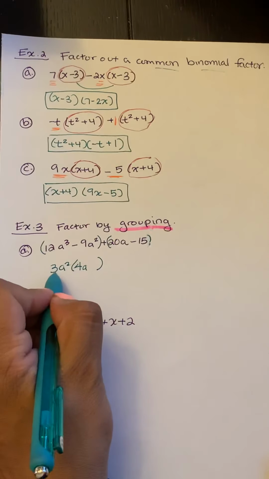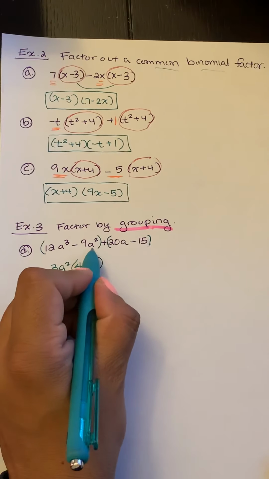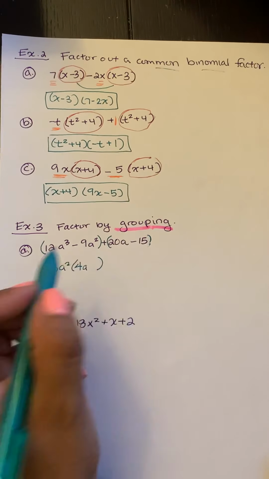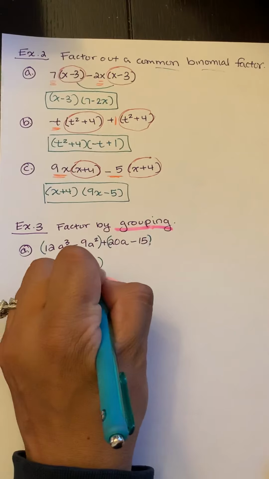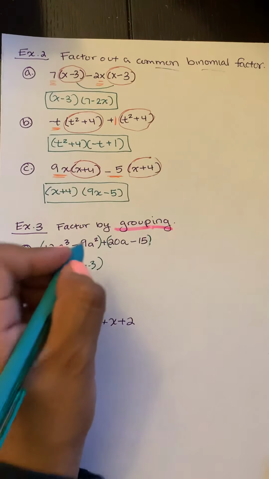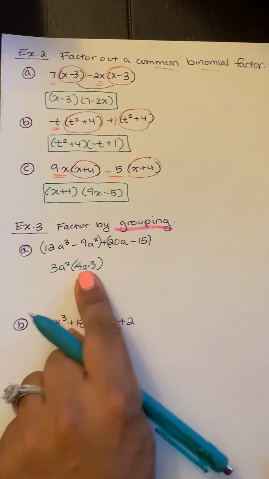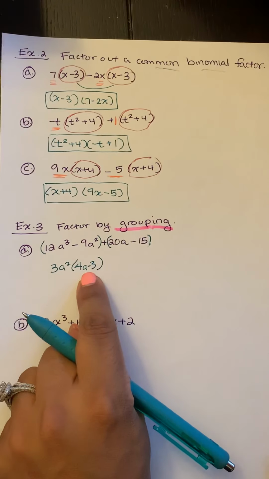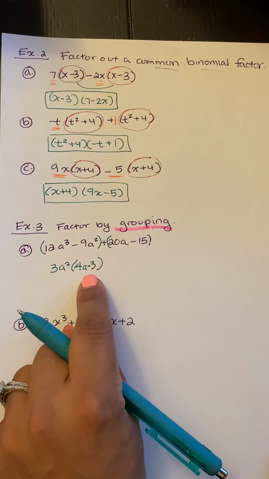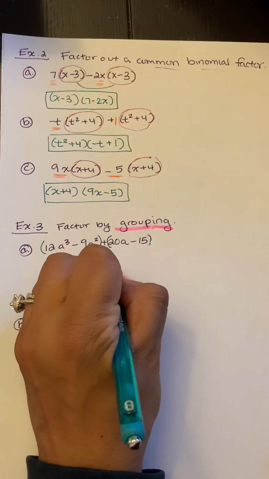Now, 3a squared, I need to make it a negative 9a squared. So 3 times what gives me a negative 9? That's going to be a negative 3. Now, we already have an a squared, so that doesn't change. So we were able to factor out a 3a squared, and what's left on the inside is 4a minus 3, plus.